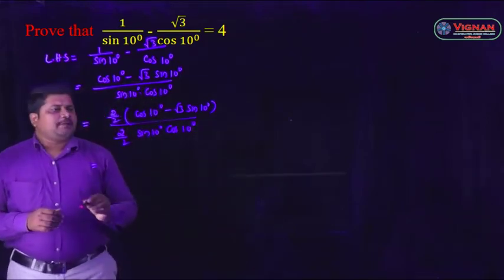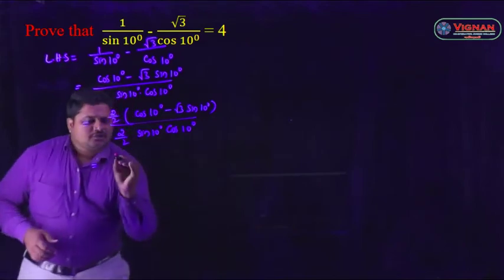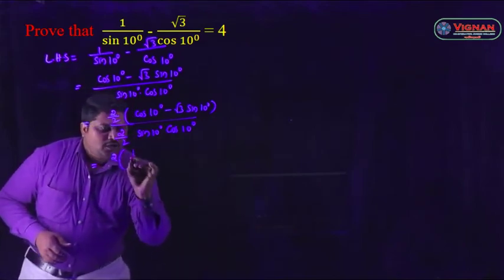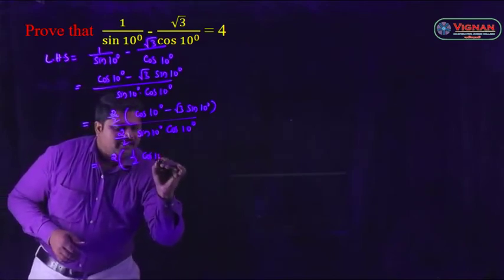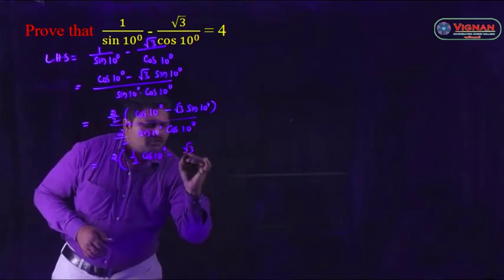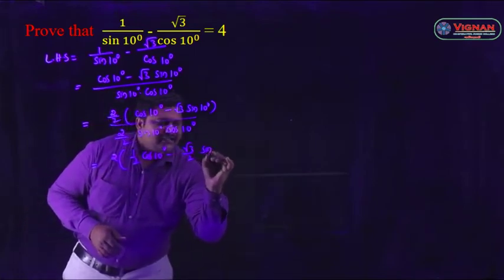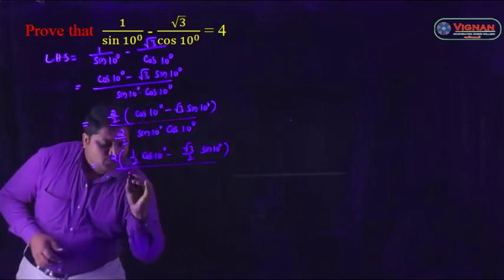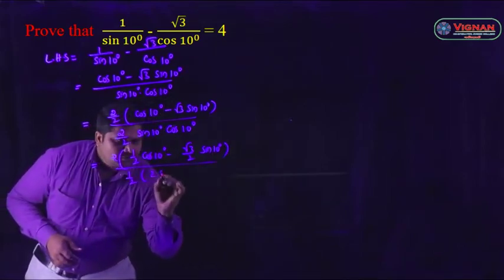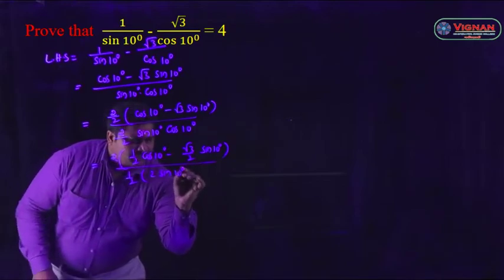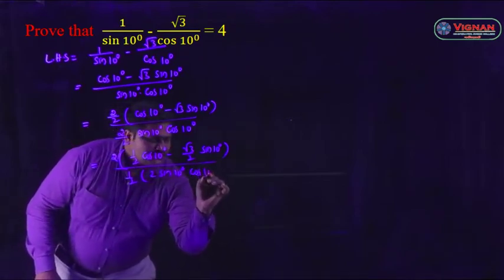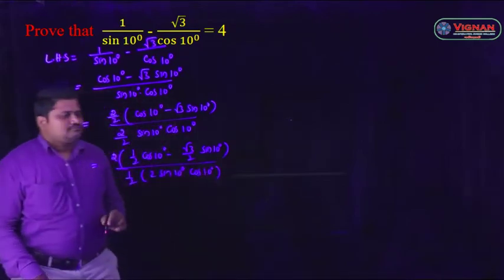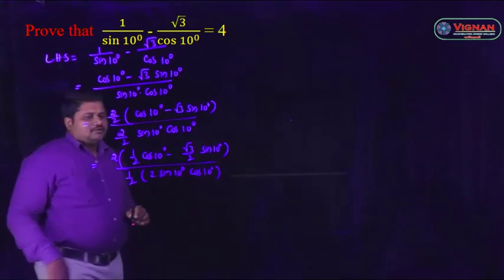That gives 2 into 1 by 2 cos 10 degree minus root 3 by 2 sin 10 degree, divided by 1 by 2 into 2 sin 10 degree into cos 10 degree.